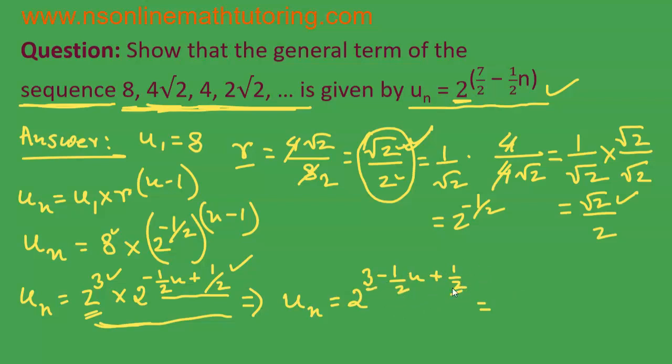That is a mixed fraction. If I convert that to an improper fraction, it becomes 7 over 2. So this is equal to 7 over 2 minus half n. So un is equal to 2 to the power of 7 over 2 minus half n.